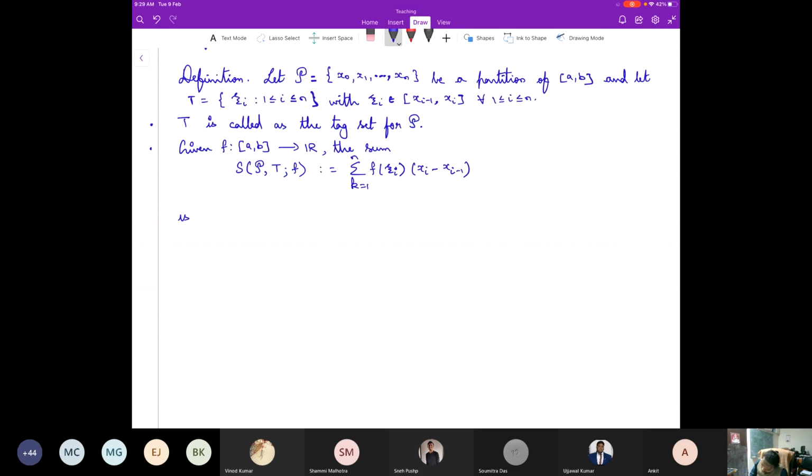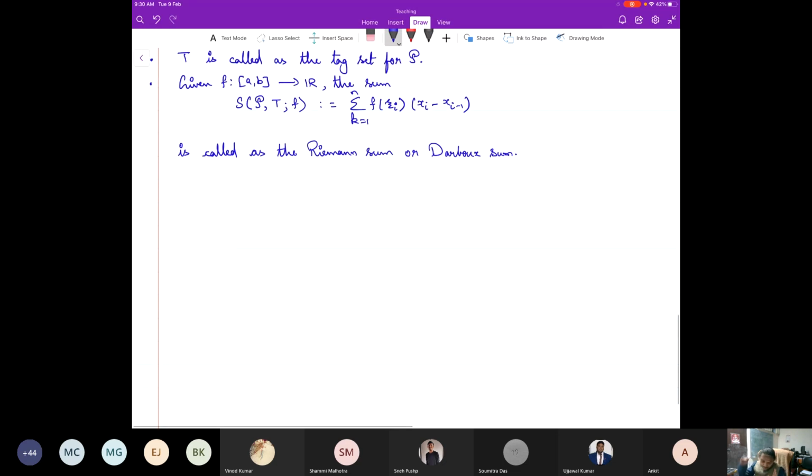This sum is called the Riemann sum or Darboux sum. So this is the Darboux sum of f with respect to the partition P and the tag set T. Fine.